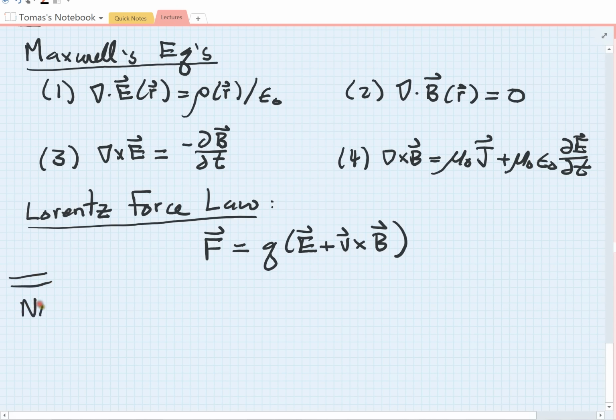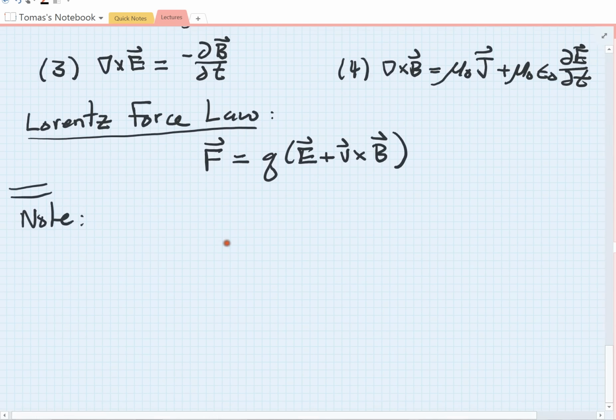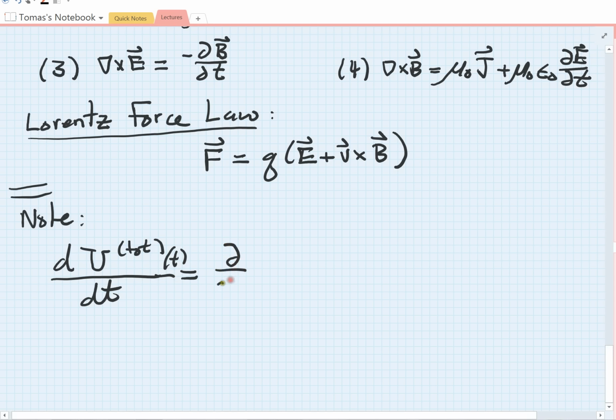So note now that when I take the time derivative of the total energy stored in my volume, that of course the time derivative being a total derivative, but this total energy doesn't depend on locations in space, right? It's just a function of time t. So I could either take the total derivative or the partial derivative of that total energy. It doesn't really make that much of a difference.